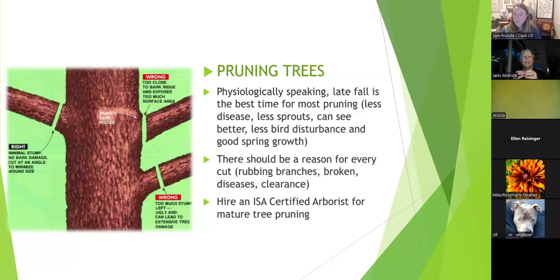What's going to happen is behind it you might get a lot of growth, and that's not correct. So you're actually defeating your purpose of pruning. What you want to do is over on the left side, minimal stump, right? And then not too much of that side stem remaining.